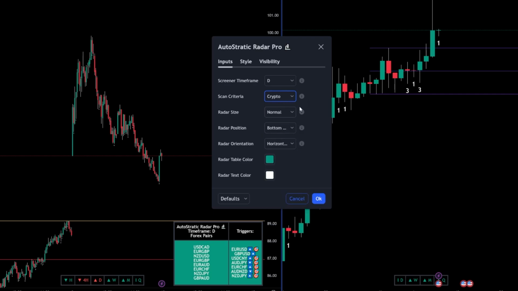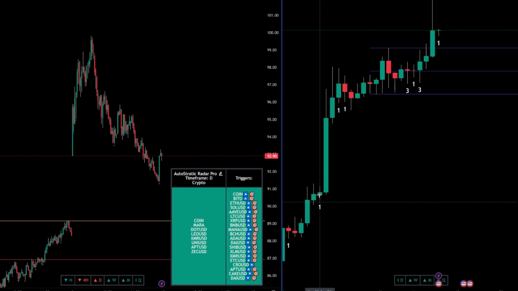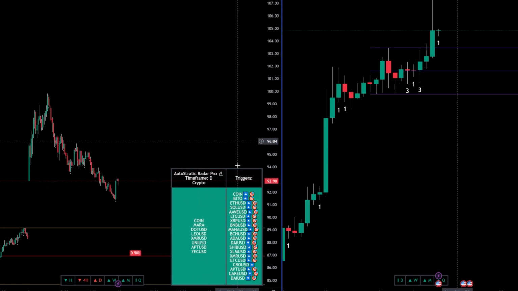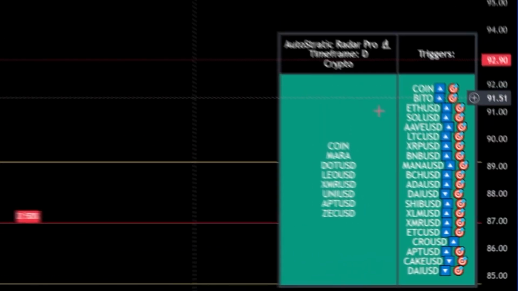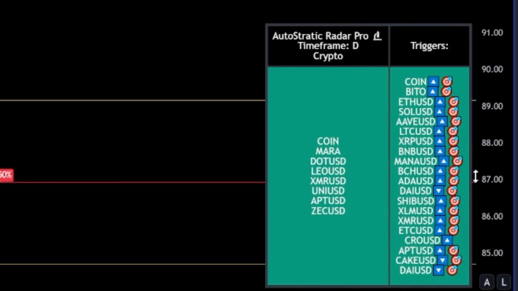So I click on crypto, and look at what happens here. If you see on this box in the bottom right, we have so many tickers that triggered AutoStratic setups.